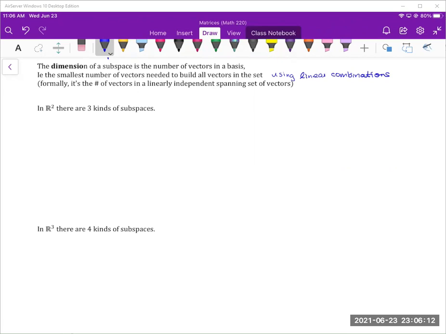So in R2, there are going to be 3 kinds of subspaces. So every time we have subspaces, there's one which is the 0-dimensional subspace. Here we have just the 0 vector.